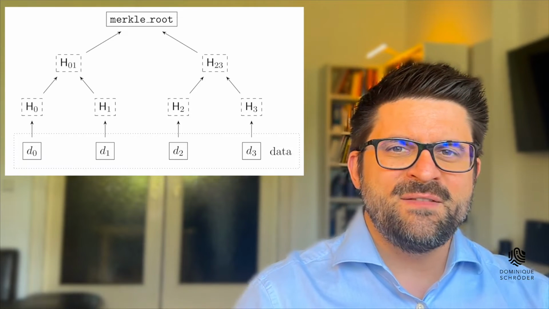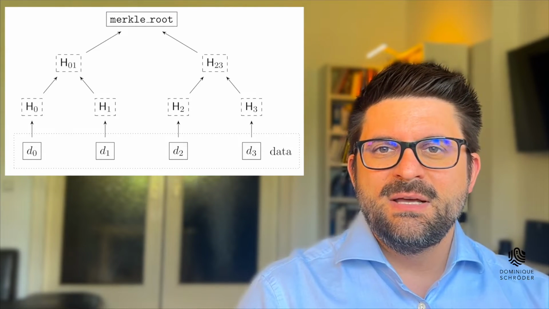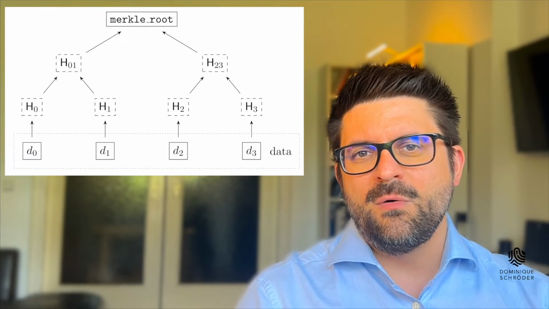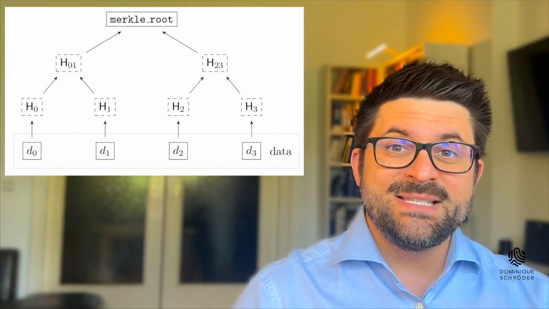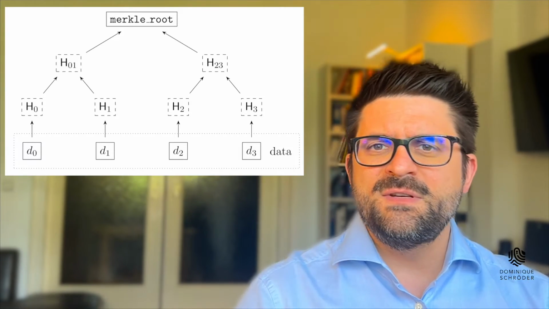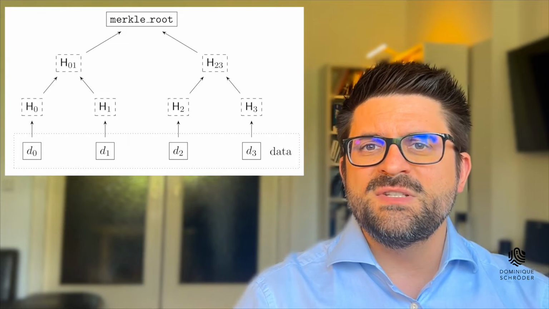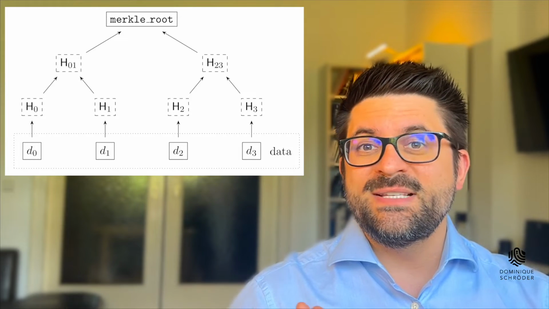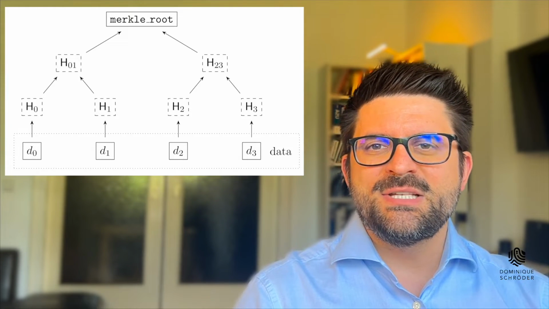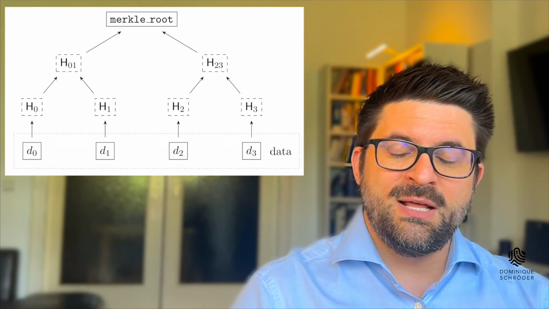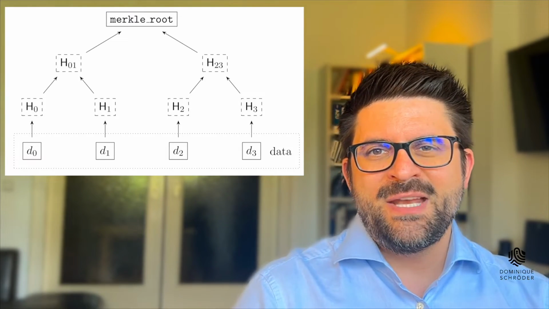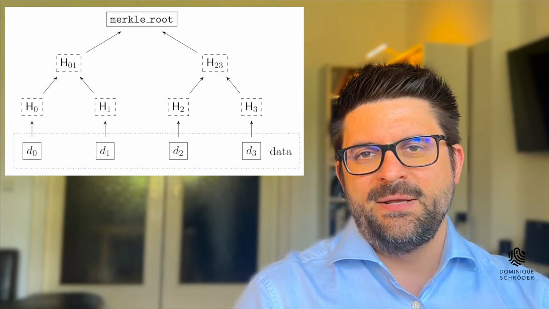So Merkle trees have very nice properties. In fact, you can show that some element is inside of this tree with relatively small proofs. So what does it mean? Well, it means that if I want to show you that an element is in this tree, then I don't need to reveal the entire tree.